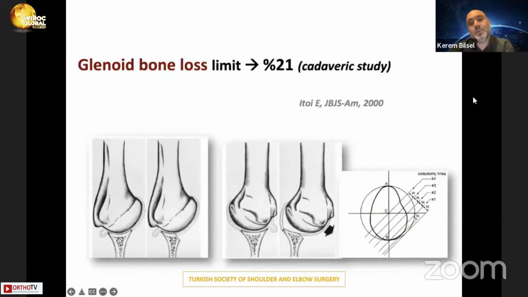And Itoi described the glenoid bone loss limit in a cadaveric study in 2000. At that time it showed a limit of about 21%.